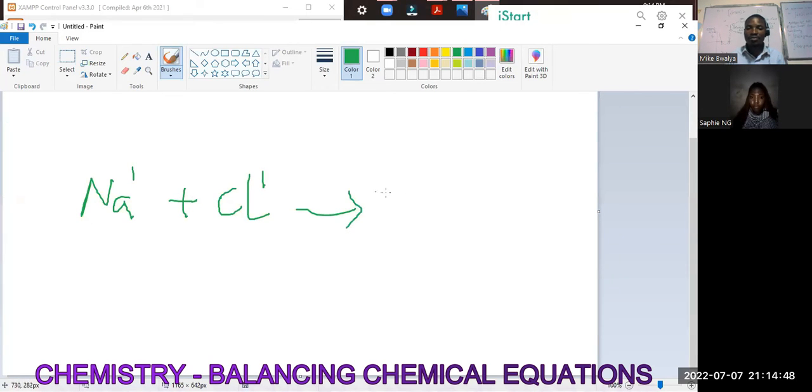So this is going to be sodium chloride, okay. So what is going to participate in a chemical reaction is that this one right here, okay.